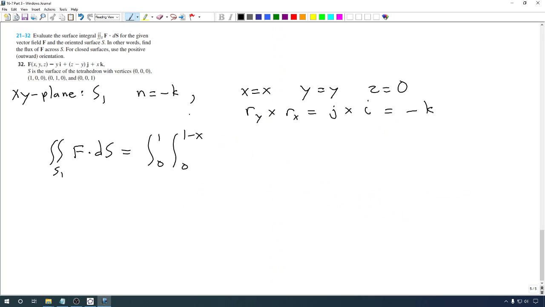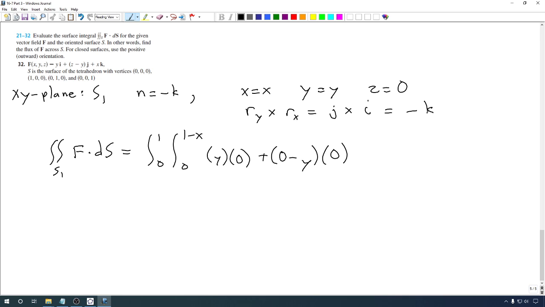And then we get to remember what our actual vector field is. We're taking this dotted with this vector. Our normal vector is negative k. So we have y, which is still just y, but our first component of our normal vector is 0. Plus, well, z is actually equal to 0 minus y, which is still y.